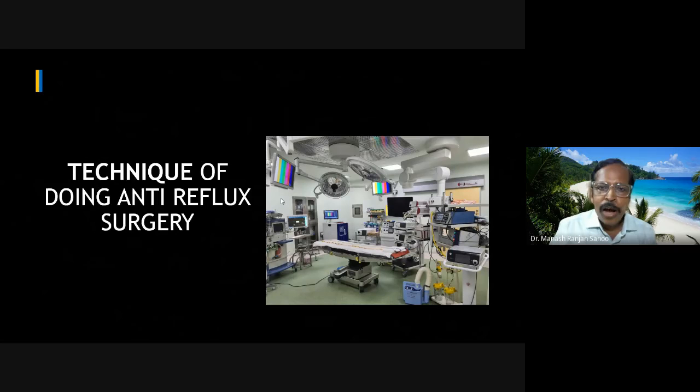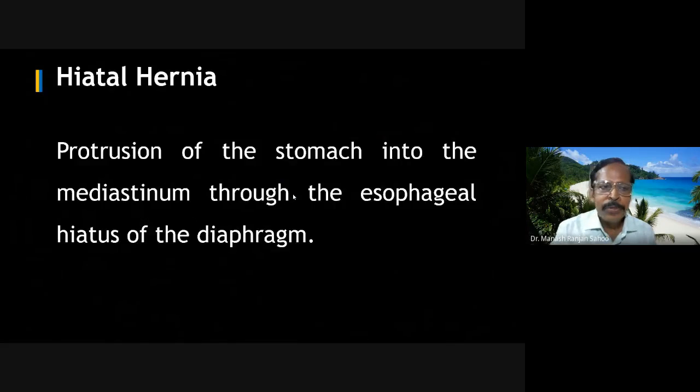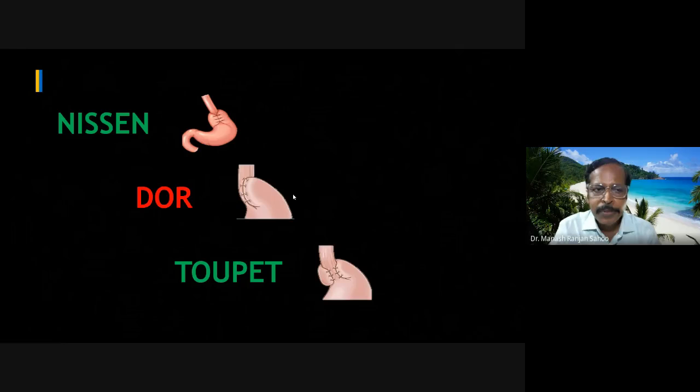So how do we perform an anti-reflux procedure? A hiatal hernia is basically a protrusion of the stomach into the mediastinum through the esophageal hiatus of the diaphragm. You have three procedures for a fundoplication: Nissen's, Dor, and Toupet.